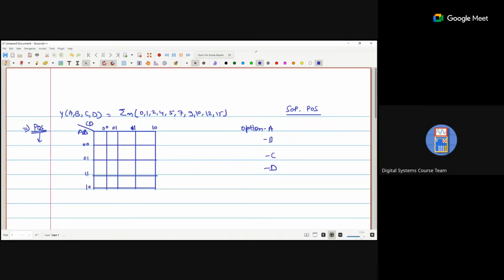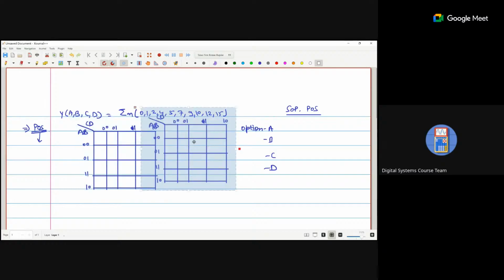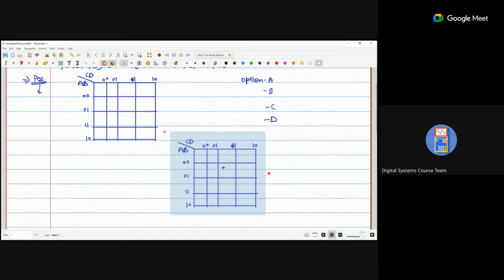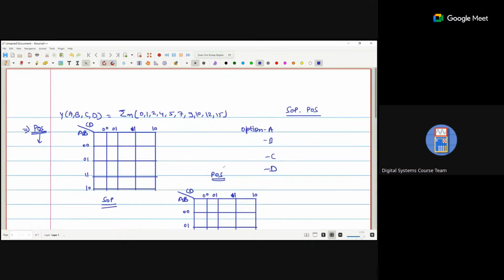If I am talking about the SOP, I just take both. If I want to find in SOP form or POS form, you can check the options that are available in the question.